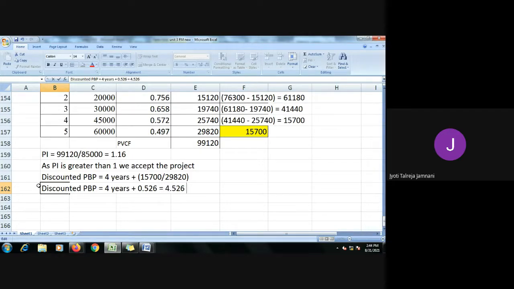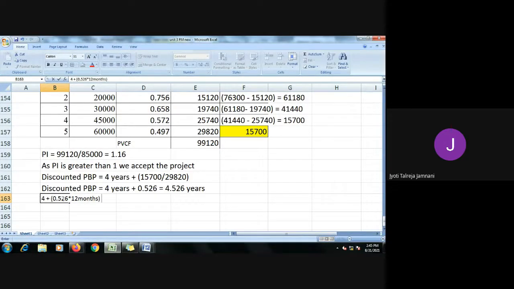I'll get 4.526 years. If they ask you to show it in months, how you will do it? I'll do 4 plus 0.526 into, in a year there are 12 months. So into 12 months if you do, you can convert it to months also. 0.526 into 12, you get 6.31 months.